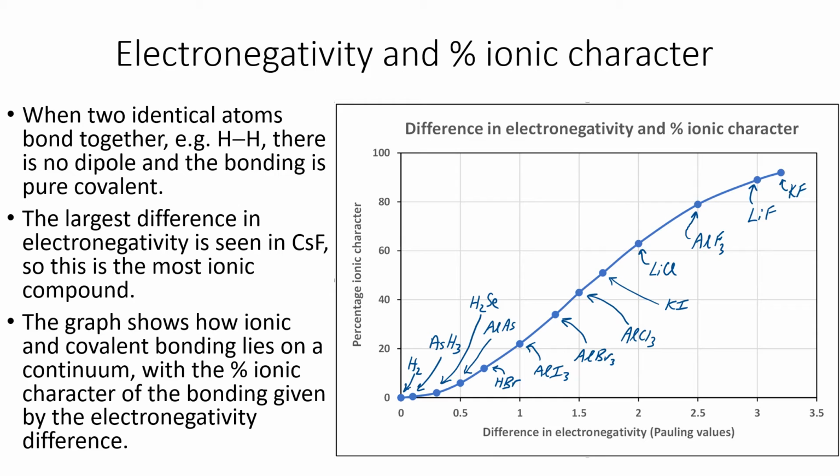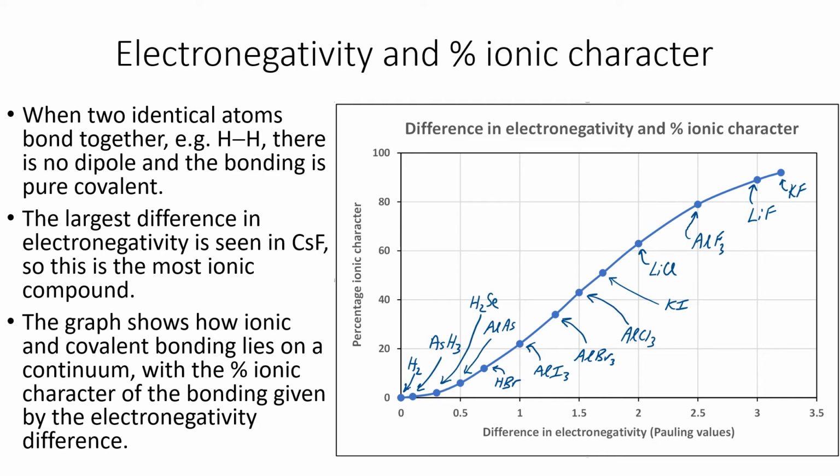As it happens, cesium fluoride actually will go slightly off the end of this graph. The most ionic one using this particular set of data is potassium fluoride there on the top right. And as we move to the left, going from potassium fluoride to lithium fluoride, we expect a slightly smaller difference in electronegativity because lithium is not as electropositive as potassium.